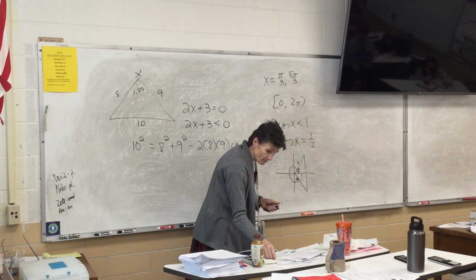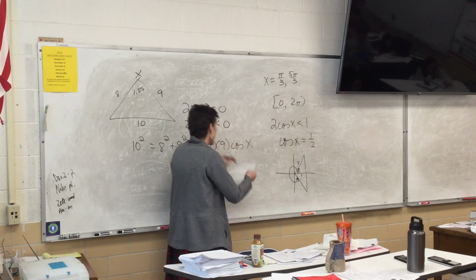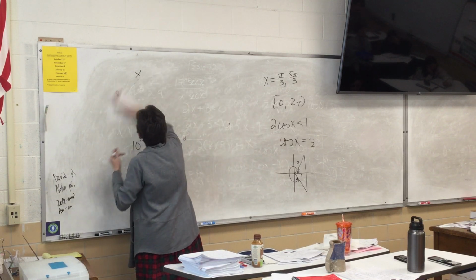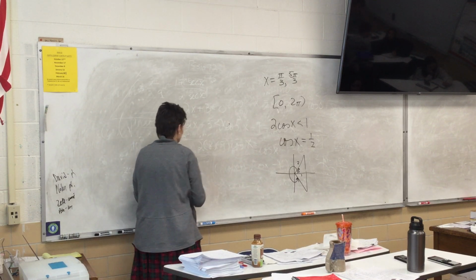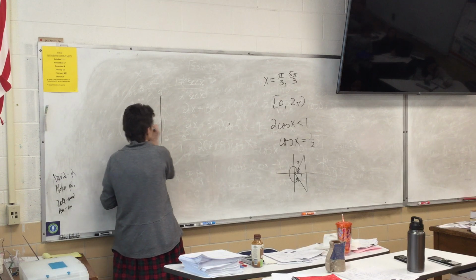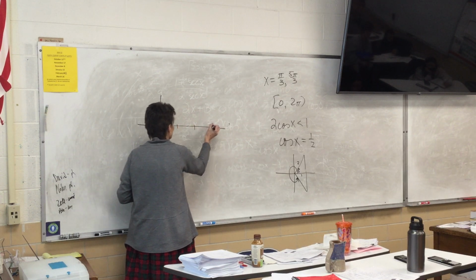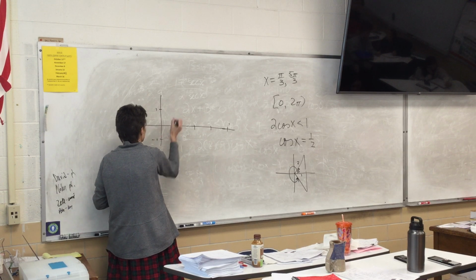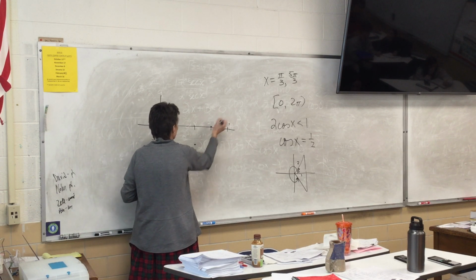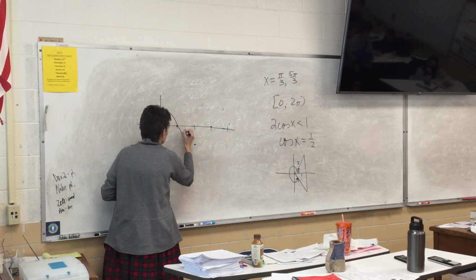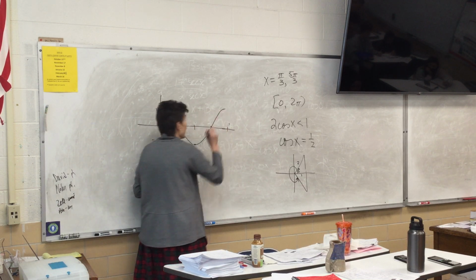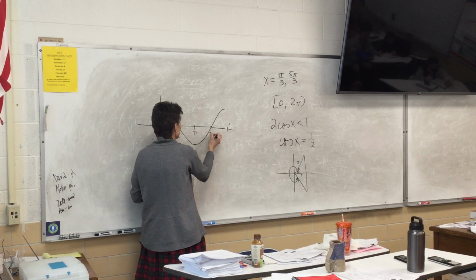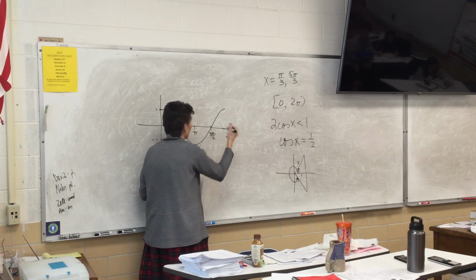So now, instead of drawing a number line, you're going to draw your cosine curve. So just draw your cosine curve, and you remember what that looks like. At least you better remember what it looks like. And it's from 0 to 2 pi, just like the direction said, and just like we always do.